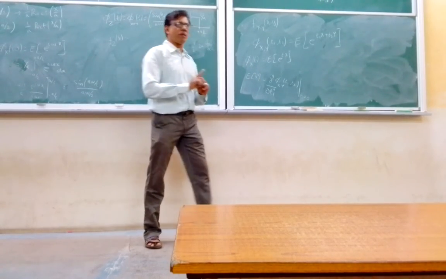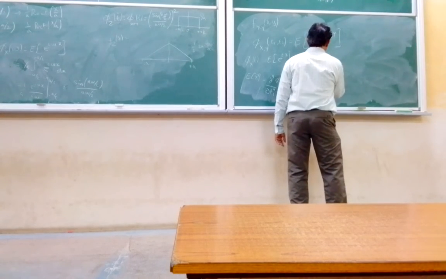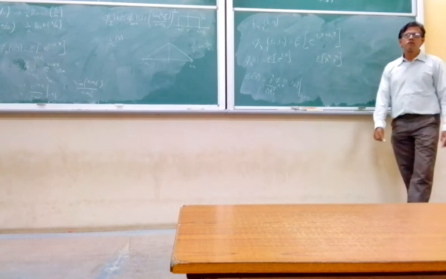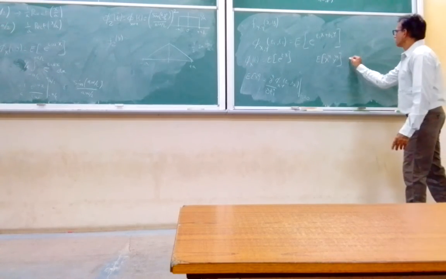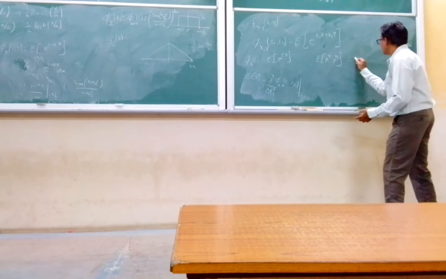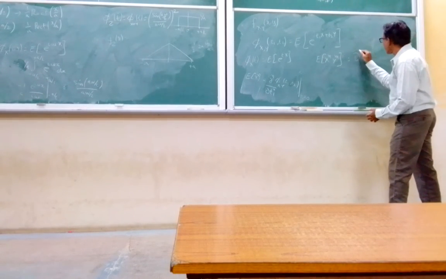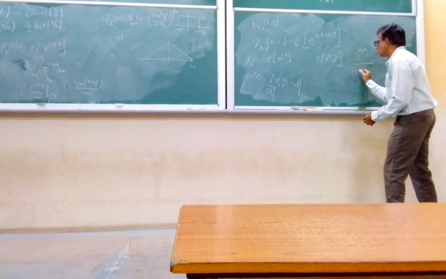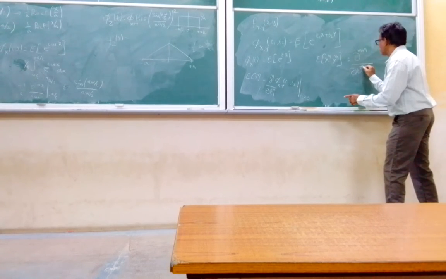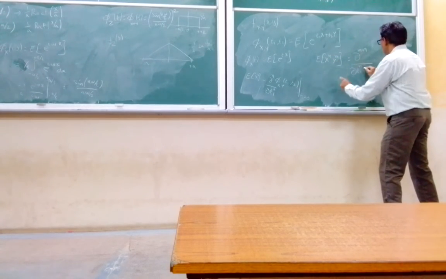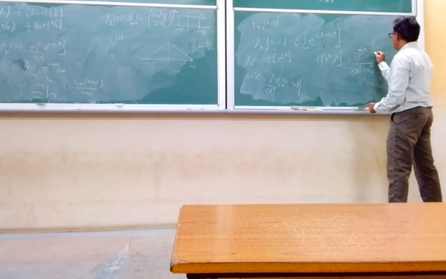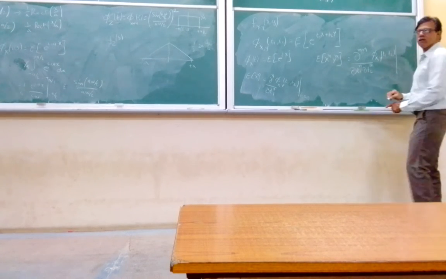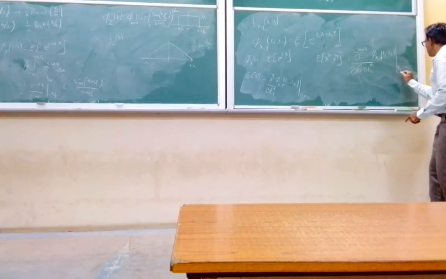If I want the joint moment, that is the expectation of X power n, Y power m, the trick will be obvious. Partial differentiation of order m plus n, by partial t1 power n, partial t2 power m, of psi_XY of (t1, t2) at t1 equal to 0, t2 equal to 0.